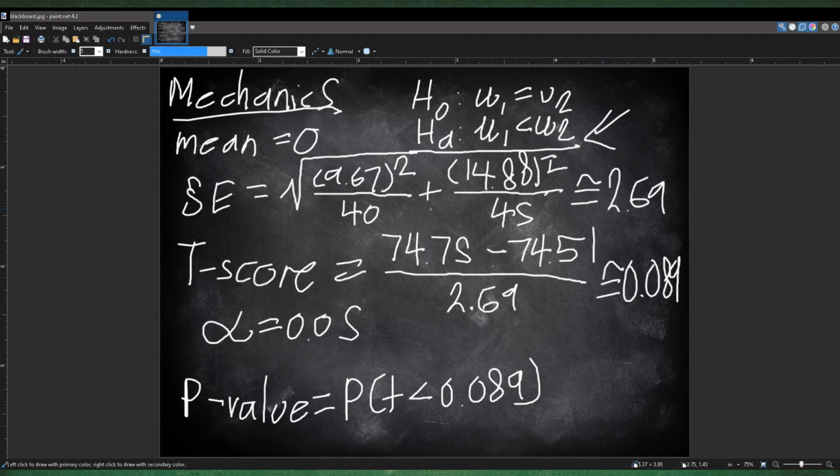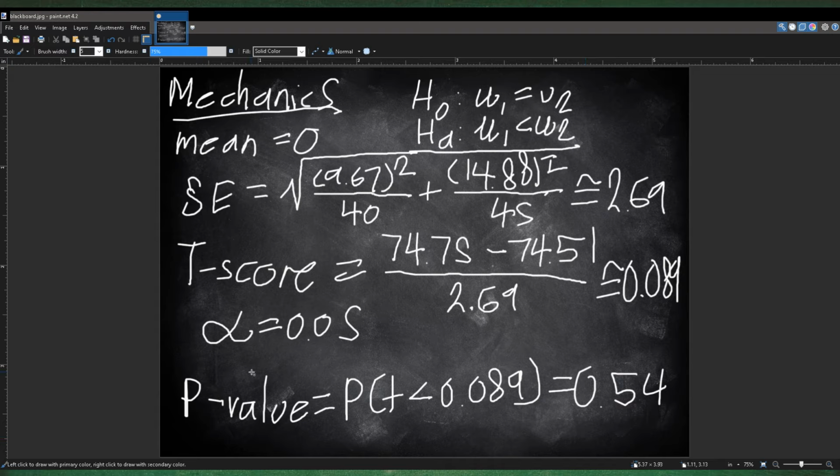And then this test gives you everything. It gives you your t-score, which is 0.089, which you got right here when you did the math. Our p-value, you write this out, the probability of being less than the t-score, is equal to 0.54-ish, rounded to 2 decimal places. It's like 0.535375, etc., but just round to 2 decimals.